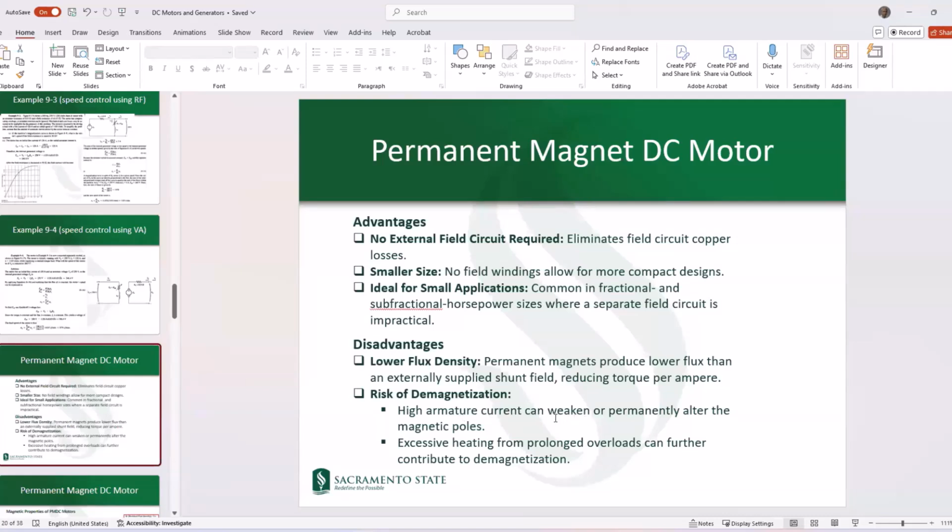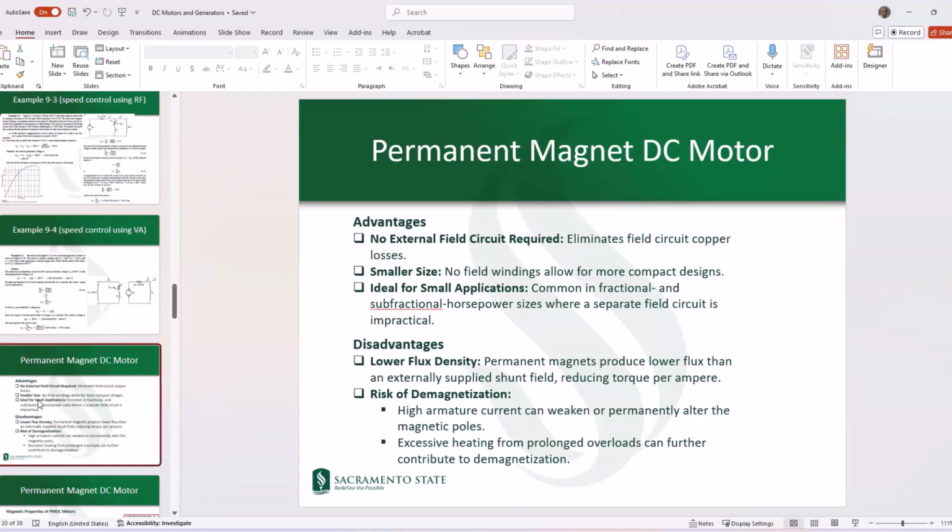High armature current can weaken or permanently alter the magnetic poles. Also, excessive heating from prolonged overloads can further contribute to demagnetization. Although we're calling these motors permanent magnet, this permanence is not really permanent under extreme physical conditions, such as excessive heating.